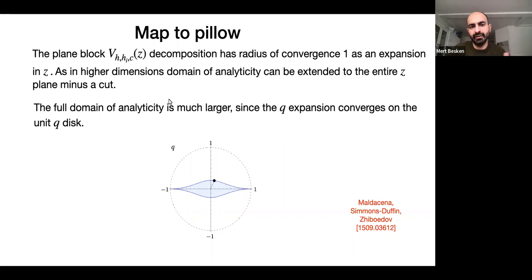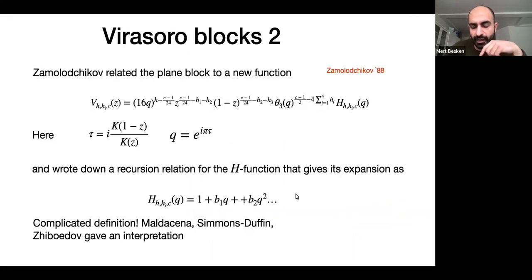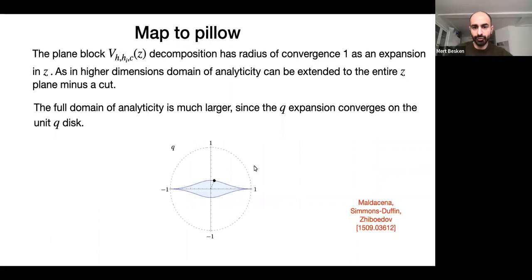But the full domain of analyticity is actually much larger, because the q expansion, the thing that I showed you here, converges on the unit q disk, which contains the entire z plane as a sliver here. So the plane block expansion converges on the sliver, but the full domain of analyticity is this entire q plane.